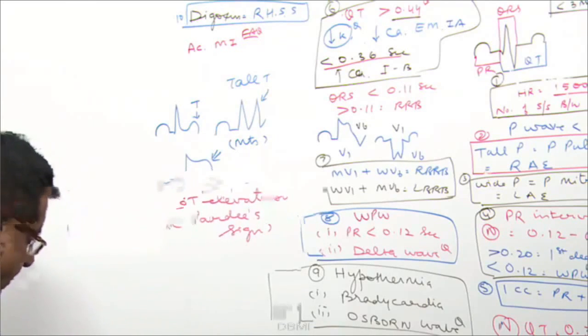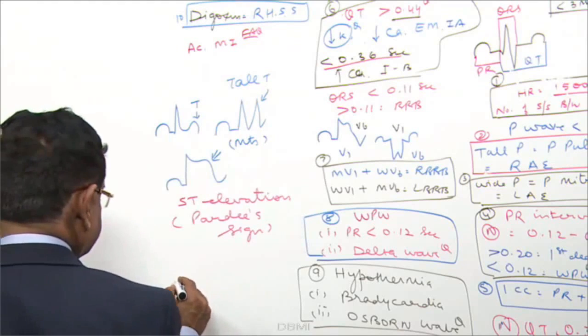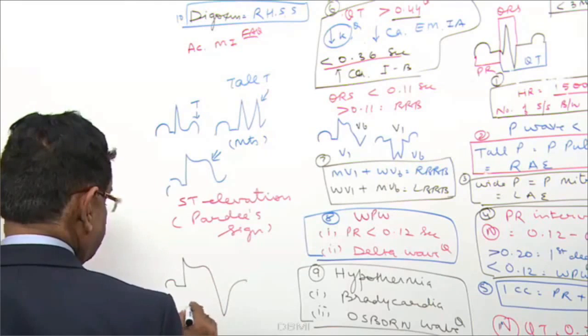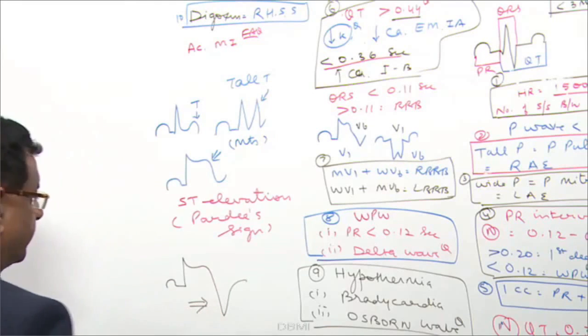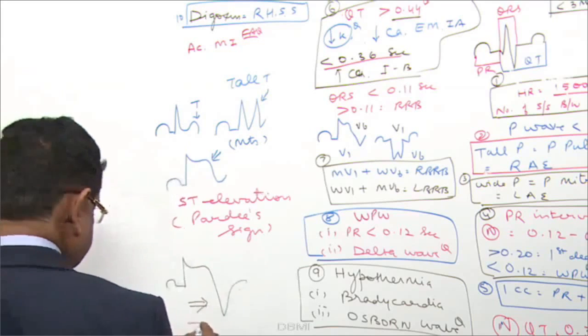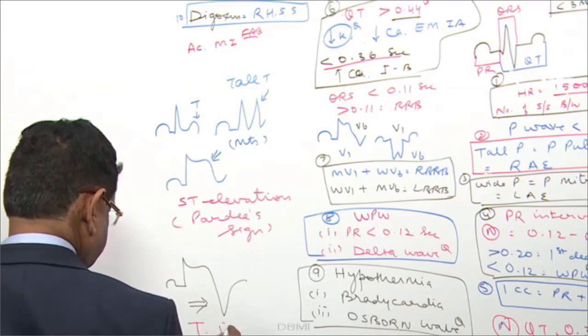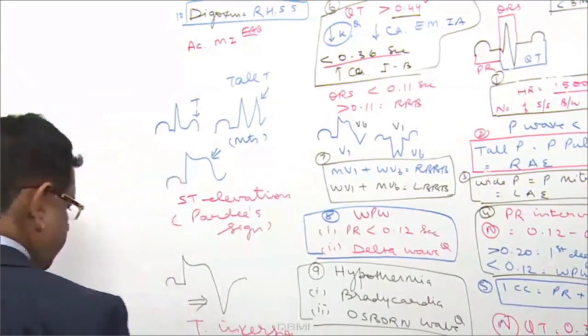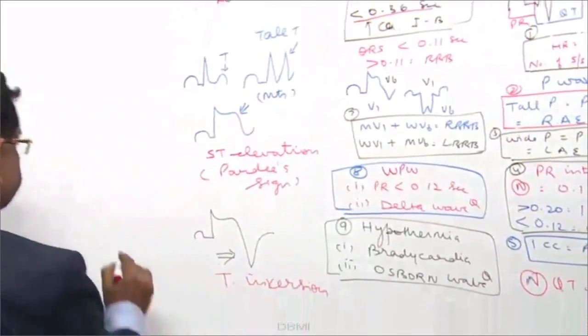And after that comes the T inversion. Look, this T wave has inverted. After that comes the T inversion. And the last is Q wave.